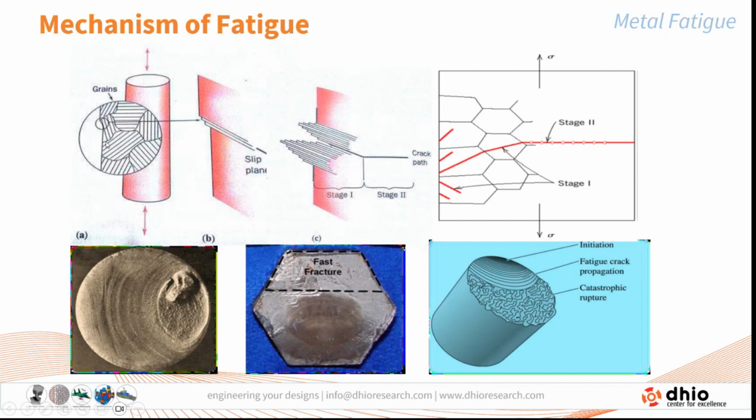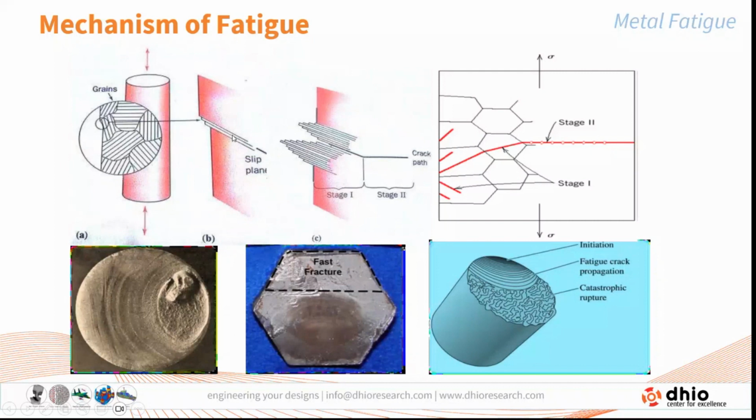So at this particular atom, as the loading is cyclic, due to the frictional resistance, there may be some slippage occurring between the bonds. And this slippage causes the orientations of the grain structures and other things to change in a different fashion.